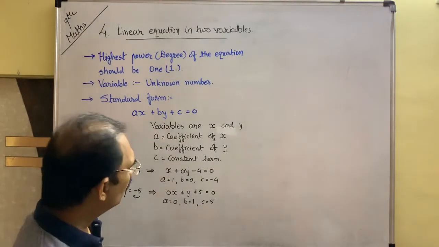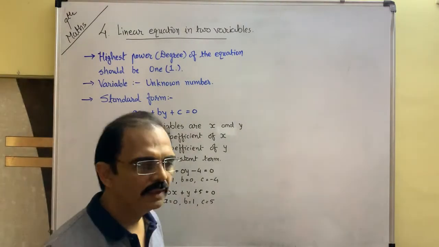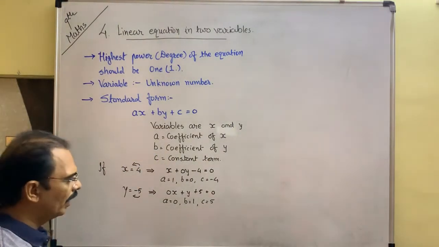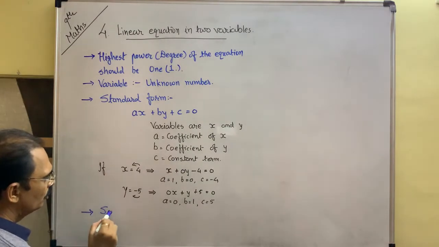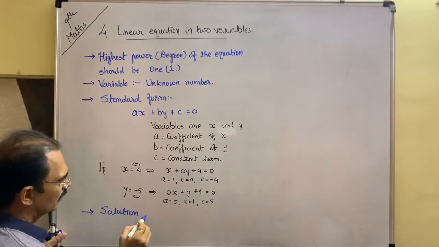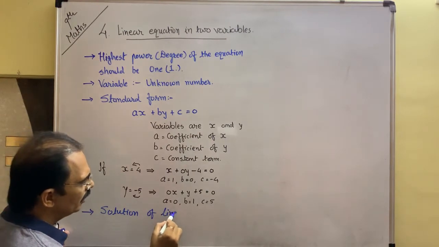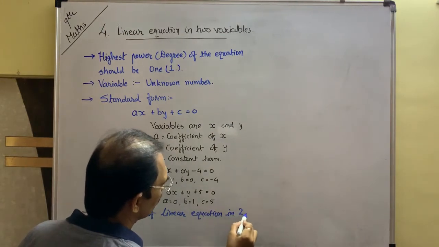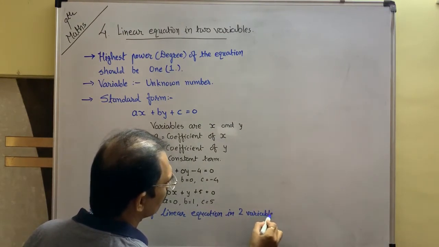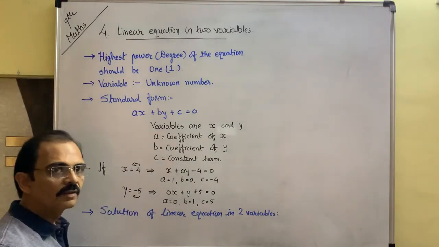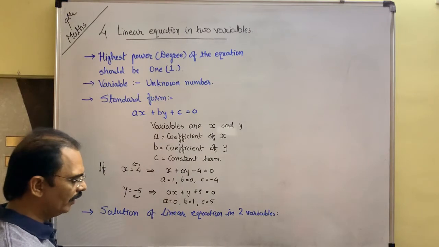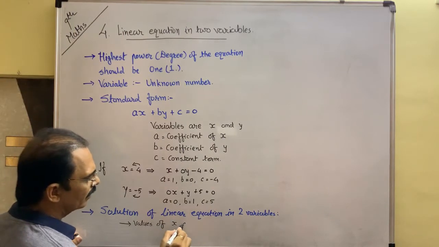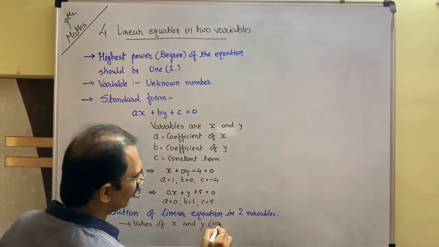Is it okay? Now what is the value or solution of a linear equation in two variables? Solution means the value of x and y. See, solution of a linear equation means the values of the variables.